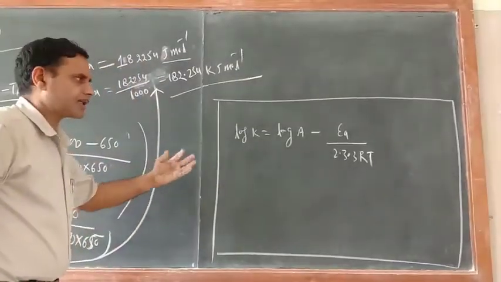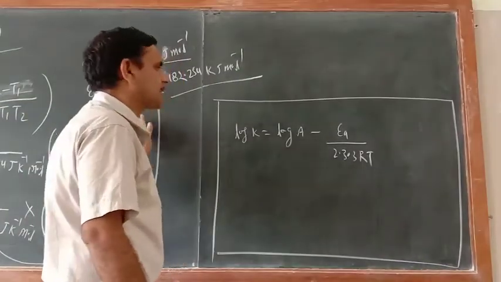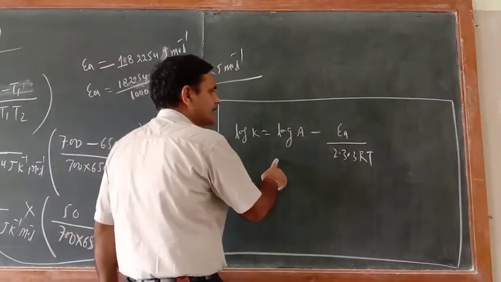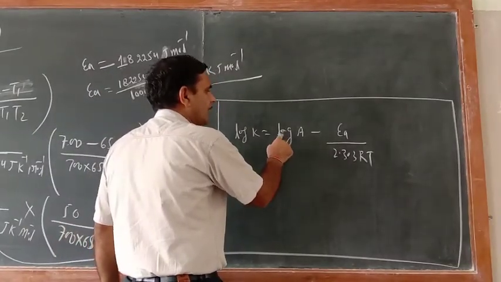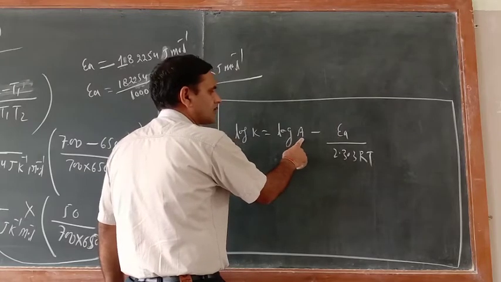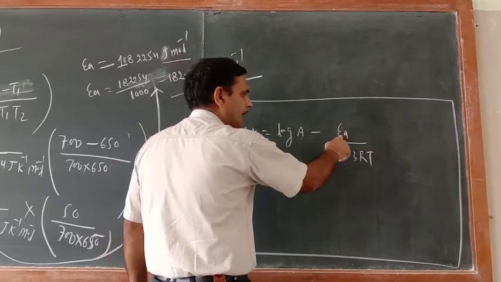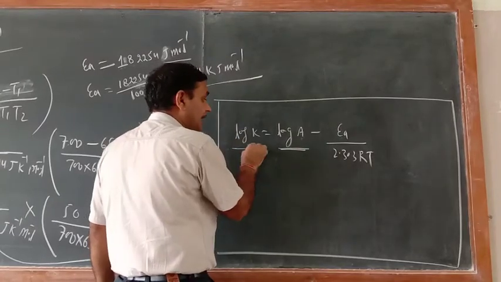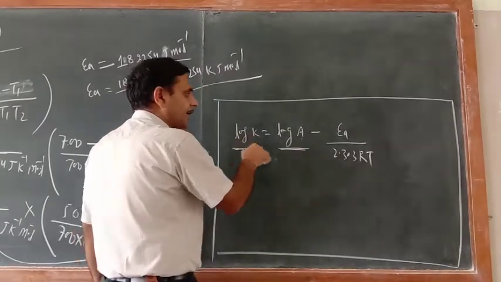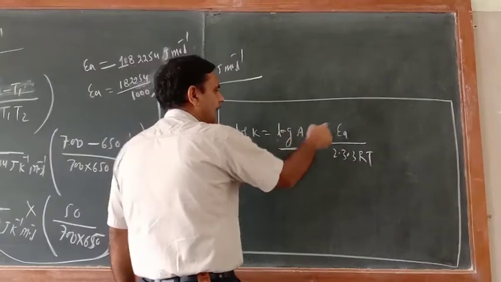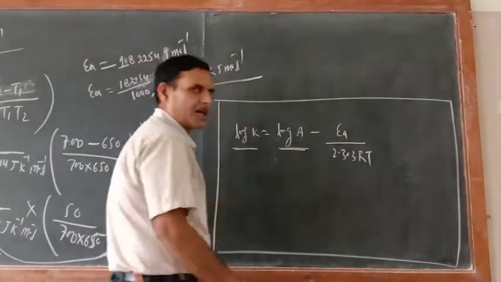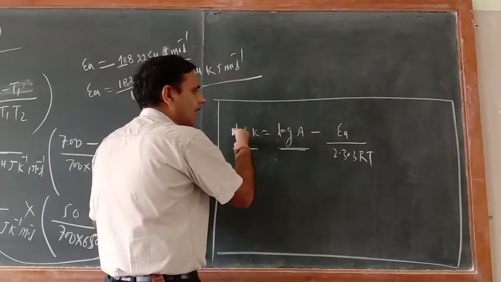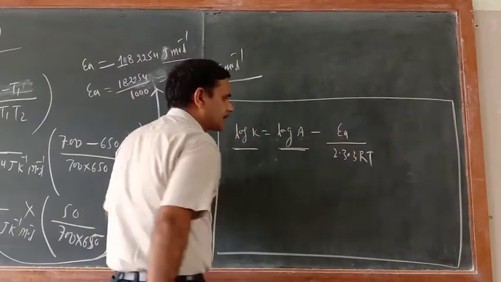Dear cadets, I told you how to calculate the EA. Now with the help of the Arrhenius equation, we can calculate log A also. Just see, one numerical I told, log A how to calculate. Log A can be calculated when log K, EA and all these values are given.